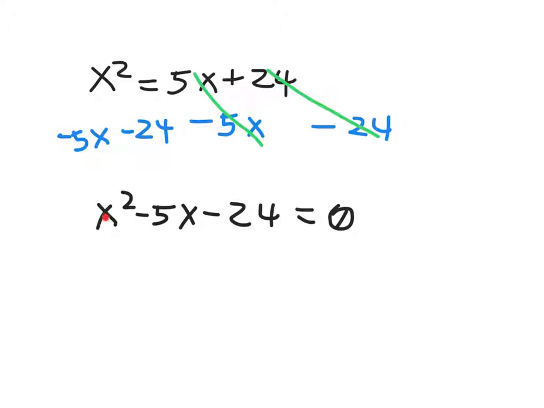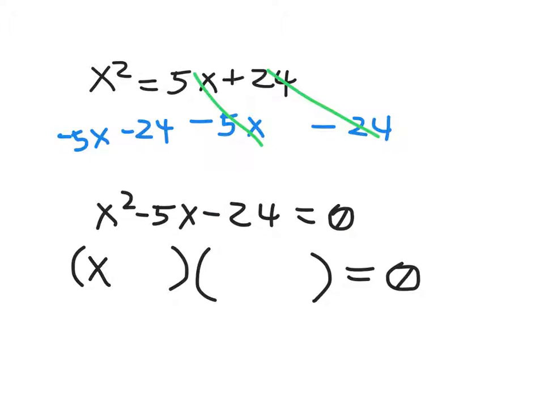Then we can factor. Now, once again, there's only this invisible 1 coefficient here, which means that if this is indeed factorable, it will be relatively easy compared to that other one that we did with the 2 in front, or the -2. So here we have x squared minus 5x minus 24 equals 0.